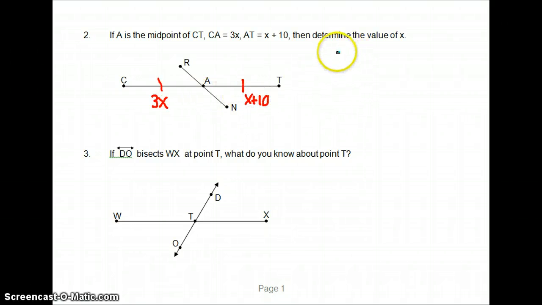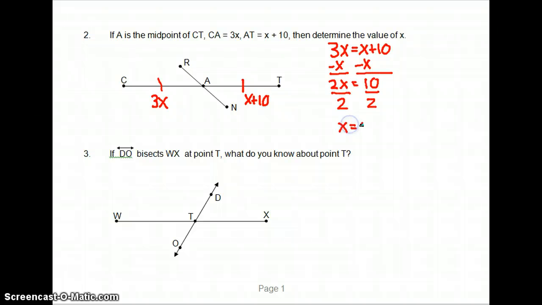So if they're equal, we just set them equal and solve for x. 3x equals x plus 10. Subtract the small x. 2x equals 10. Divide by 2. X equals 5, and that's what we were supposed to find, so that is our answer.